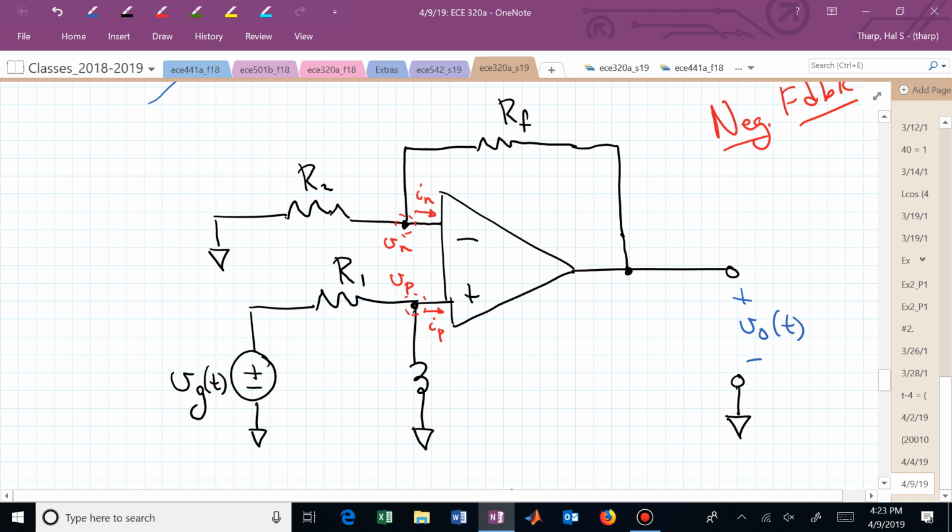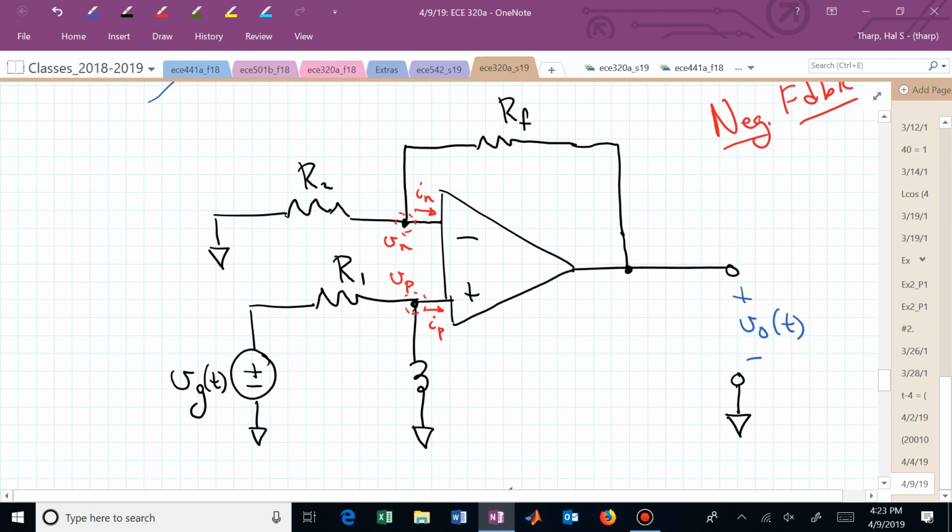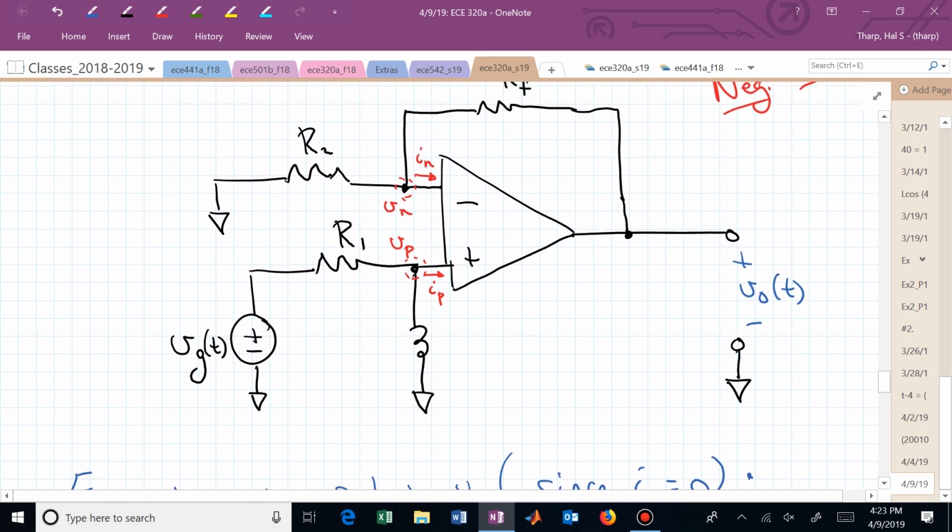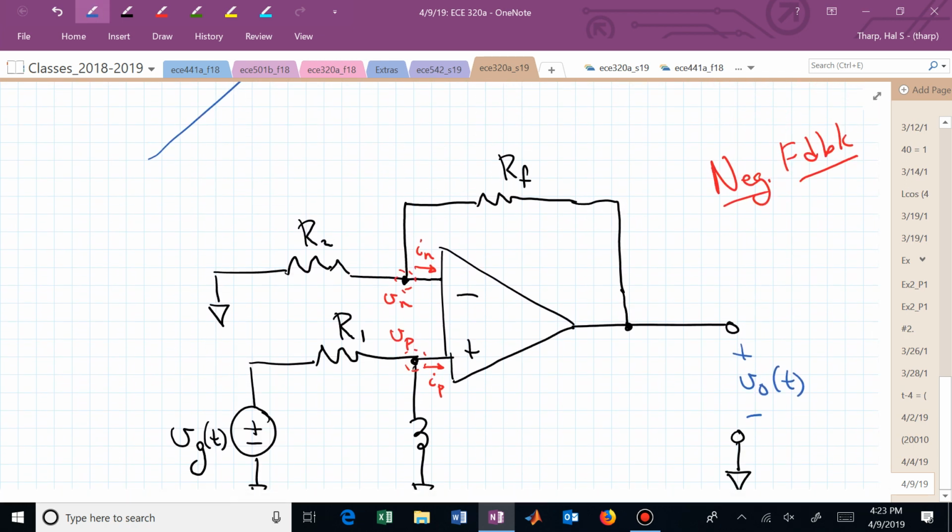What about if we wanted the current, let's call this I sub f, and let's call this one I sub 1. I sub 1 is Vn minus 0 divided by R2, right?